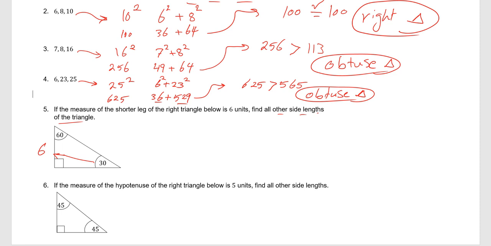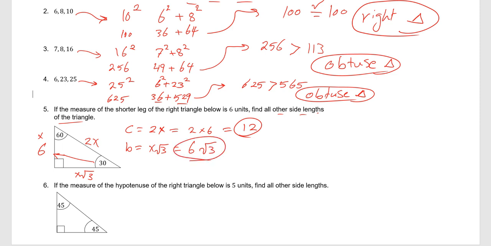So again, if you remember, for this 30, 60, 90 triangle, the hypotenuse is 2 times the short leg, so 2x, which is 2 times 6, which is 12. And b, in this case, which is this side, is x square root of 3, which is 6 square root of 3. Okay.